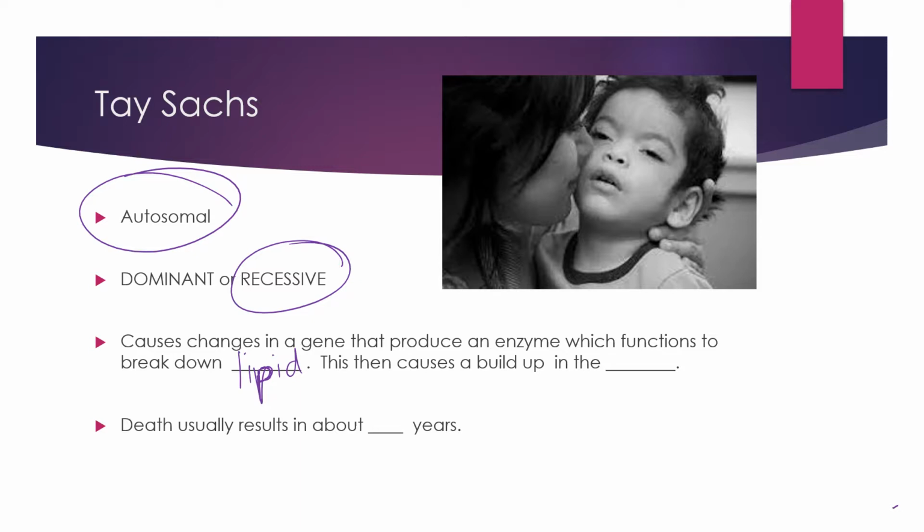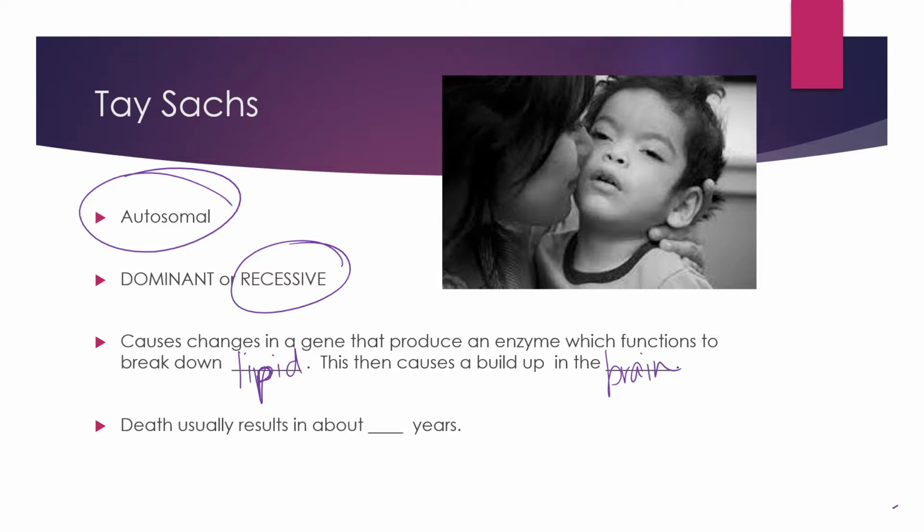And then what happens is the enzyme doesn't break down the lipid, which causes the lipid to build up in the brain. And the lipid buildup in the brain, unfortunately, results in death in about 2 years.